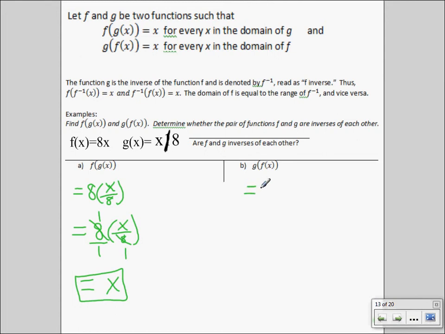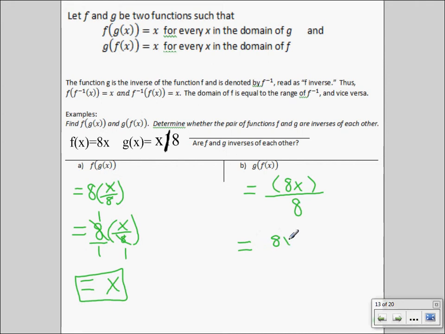Okay, doing the same thing for part B, which is g of f of x. Write the g function, replacing the x portion, which is on top, with the f of x function. So here's g, replacing x with open parentheses, and in those parentheses, write just the f of x function.